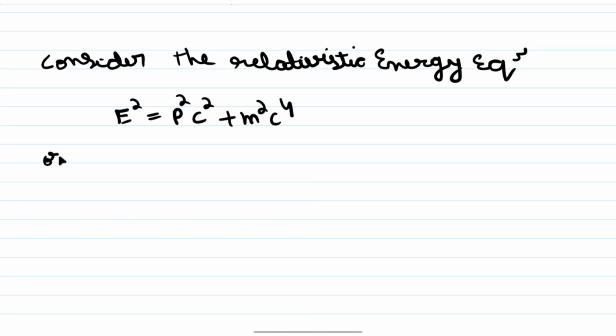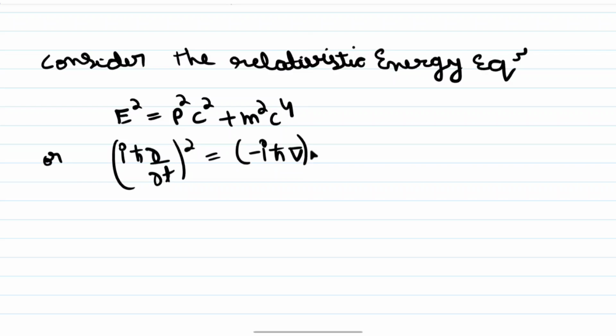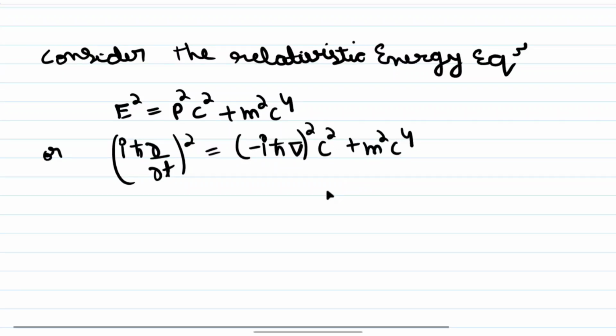Same as before, we are going to substitute the operators: i h cross dou by dou t whole square equals minus i h cross del whole square c square plus m square c power 4.